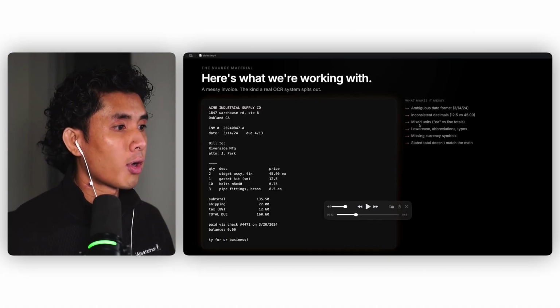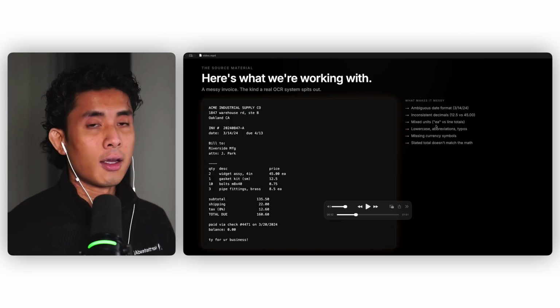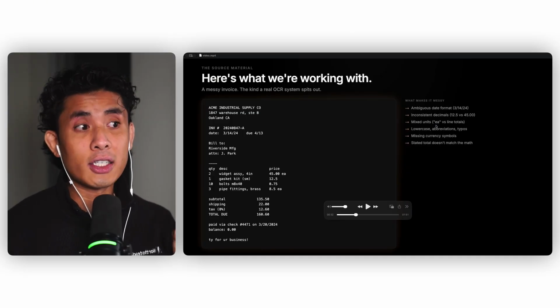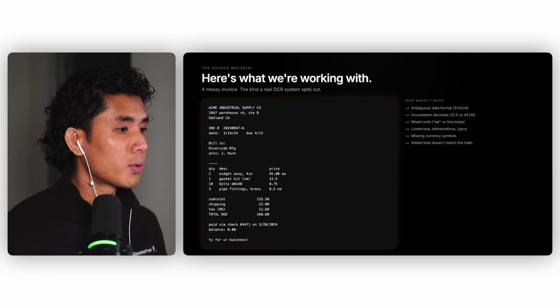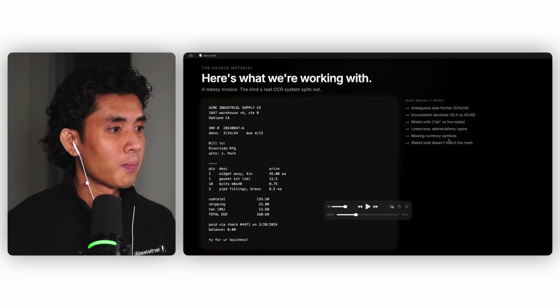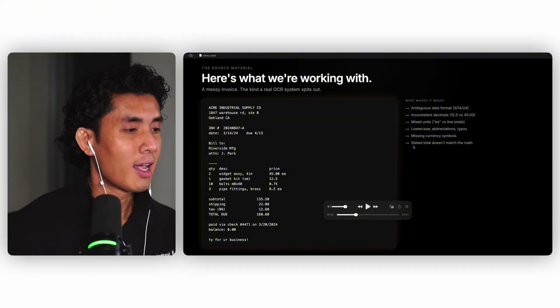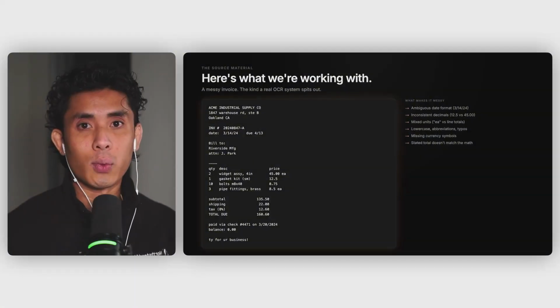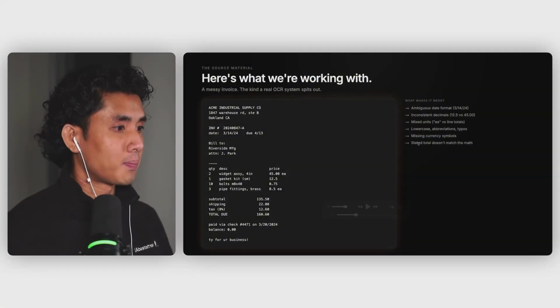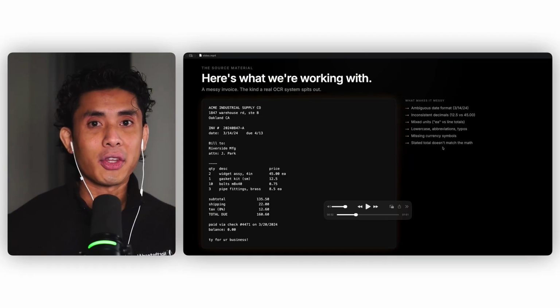The units are confusing because in some instances, we're using EA to represent each versus line totals. There's different lowercase letters, abbreviations, typos. There's missing currency symbols. And this last part, I think, is the most interesting. And I can't wait to show you guys what that prompt looks like. But the stated total doesn't even match the math.